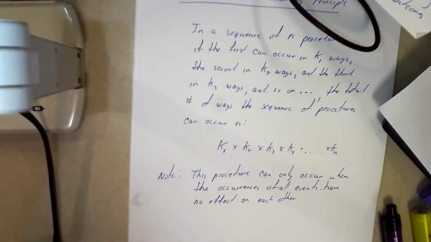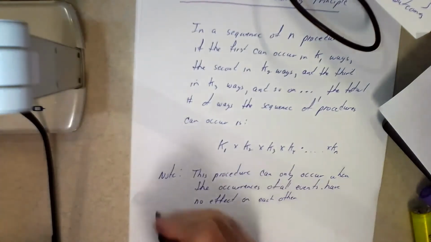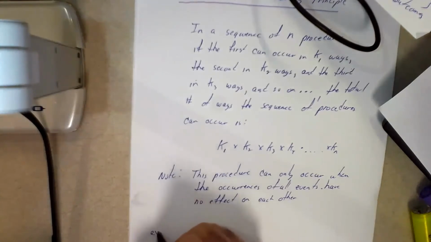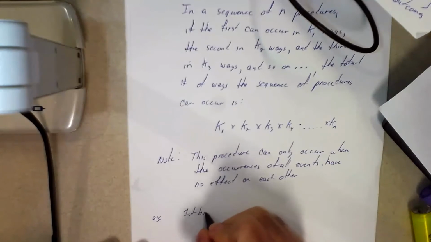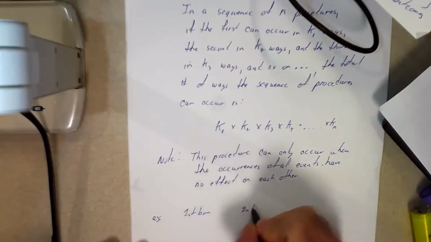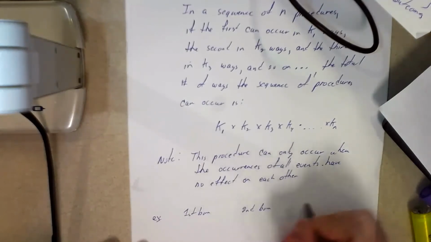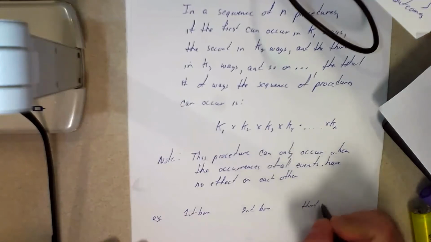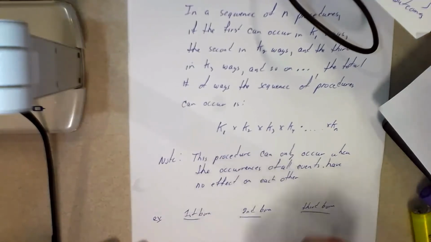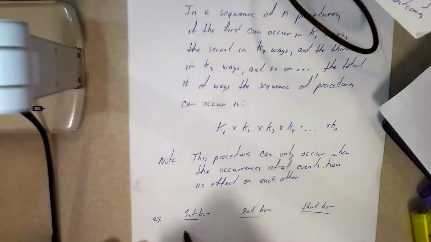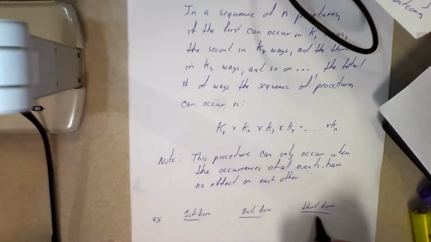So like our example with our children, you had firstborn, secondborn, thirdborn. The outcome of the second one does not depend on the first one, and neither does the third one have any effect on the other. These have no effect on third. So they're all different.